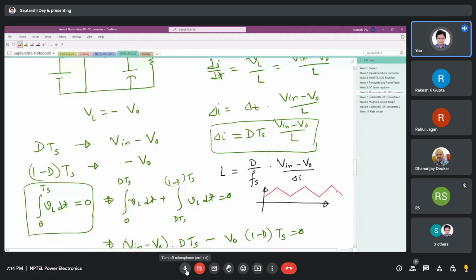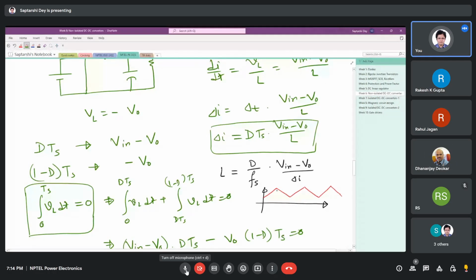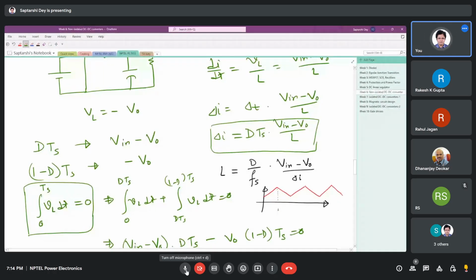Now if you increase the supply frequency, not supply frequency, sorry, if you increase the switching frequency, what will happen? The duty ratio is the same, so the time for which the current was rising now reduces. The time for which the current was falling also reduces, right?